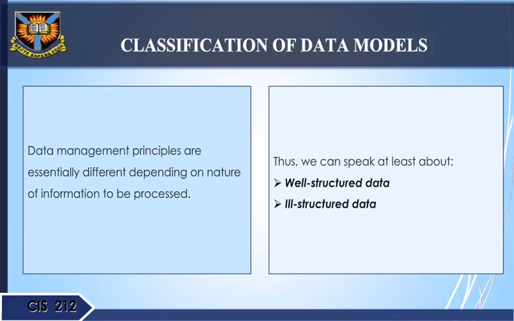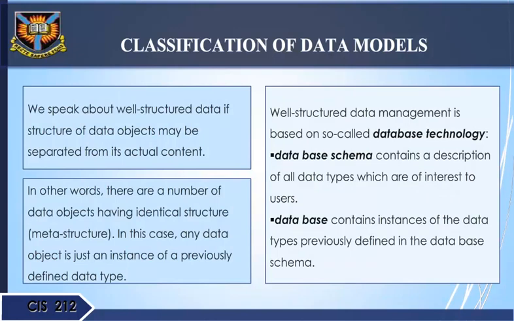Classification of data models. Data management principles are essentially different depending on the nature of information to be processed. Thus, we can speak at least about well-structured data and ill-structured data. We speak about well-structured data if the structure of data objects may be separated from its actual content.